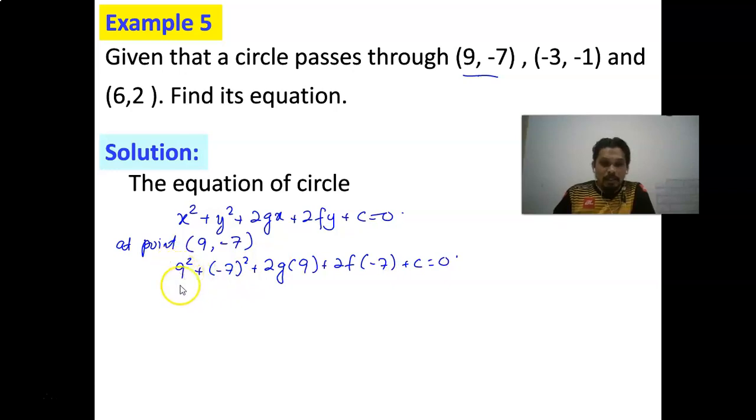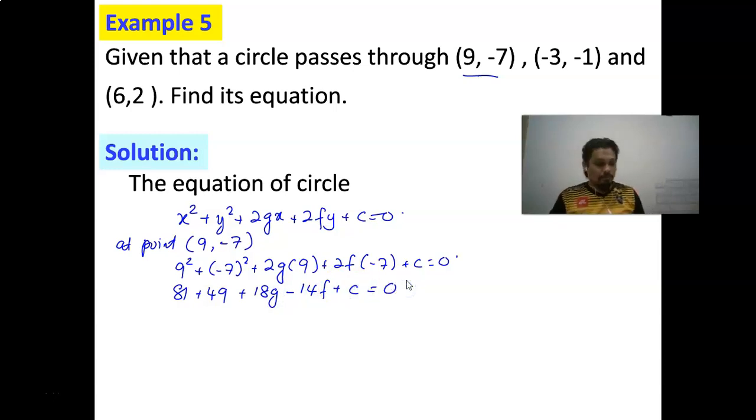Then 81 plus 49 plus 18g minus 14f plus c equal to 0. For this one here now, we get 18g minus 14f plus c equal to negative 130. That's equation 1.